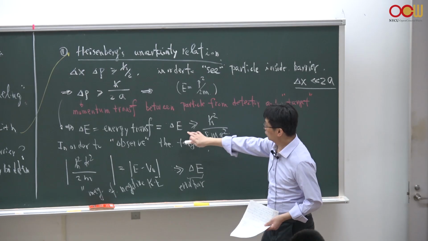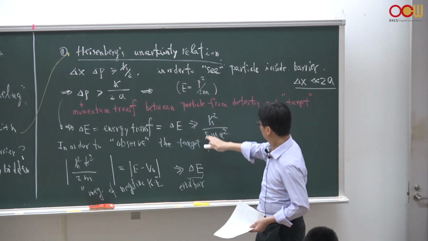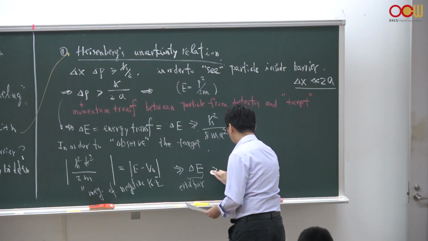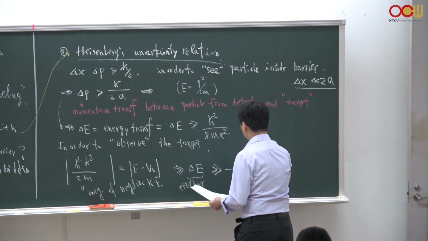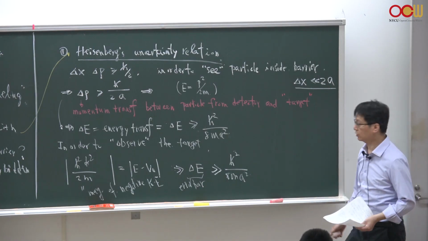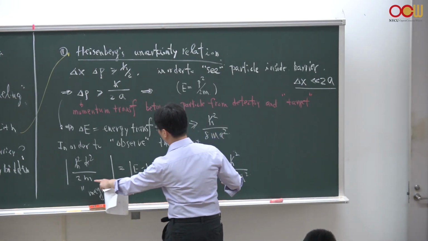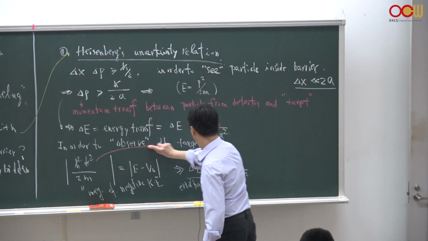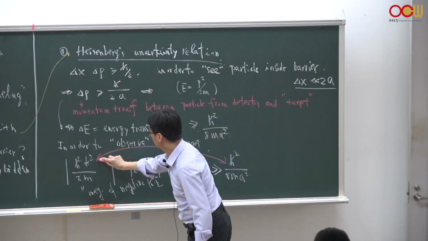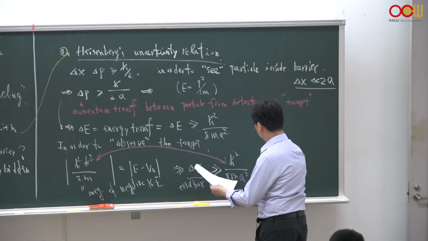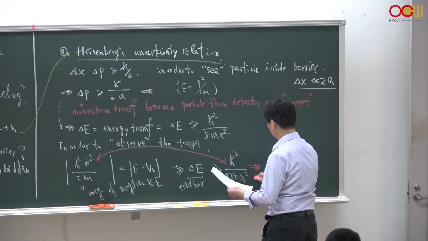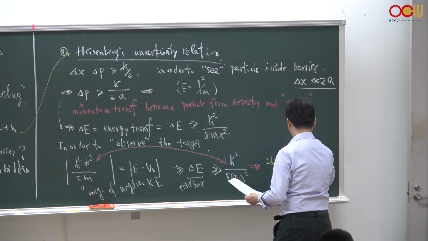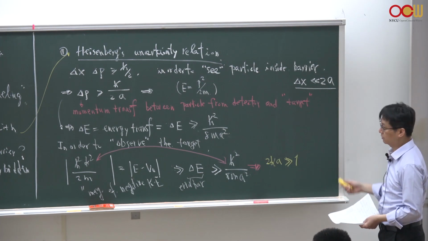But we know that this energy transfer, the error bar delta E, is much larger than this value. So let's continue with this inequality that delta E is much larger than this value. You can link this inequality from the very left to the very right and use our definition for kappa, and immediately you get this inequality, which means that 2 kappa A must be much greater than 1. Okay, so this is the price to pay.